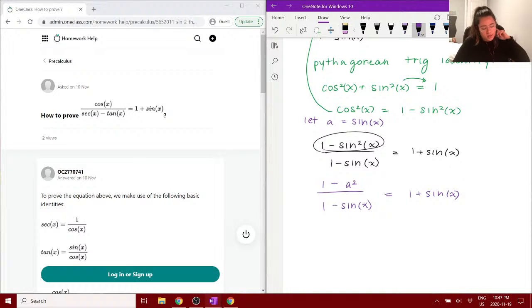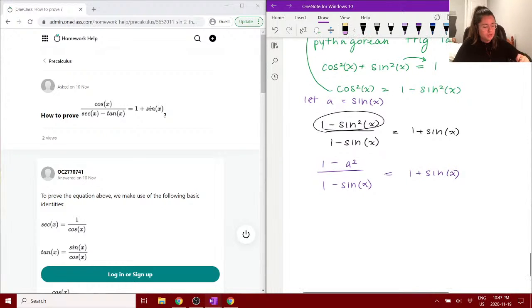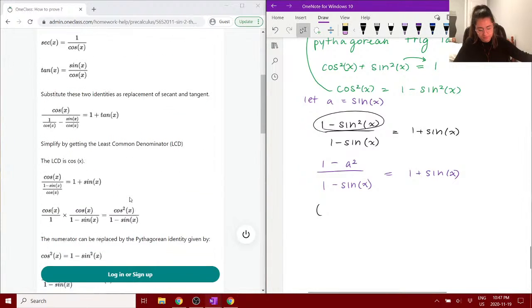Okay, and when you have this, you can think of, well, we know that 1 squared is just 1. This can be equivalent. Let's look for the solutions. Hold on a second.